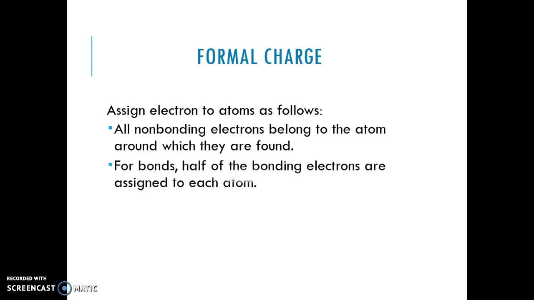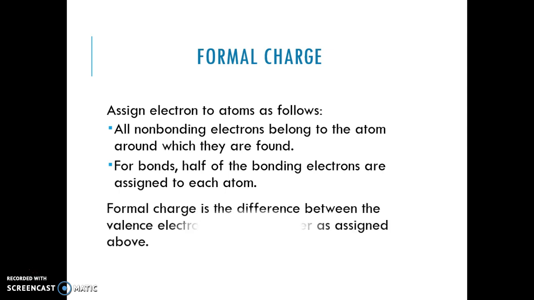So non-bonding pairs. And then for any bonds that you have, half the electrons belong to one atom, the other half of the electrons belong to the other atom. And then the formal charge is going to be the difference between how many electrons we've assigned to the atom versus how many electrons the atom's really supposed to have in its valence shell.